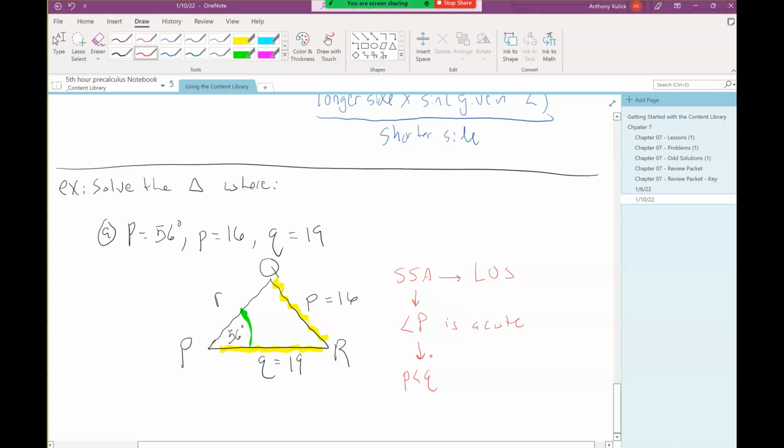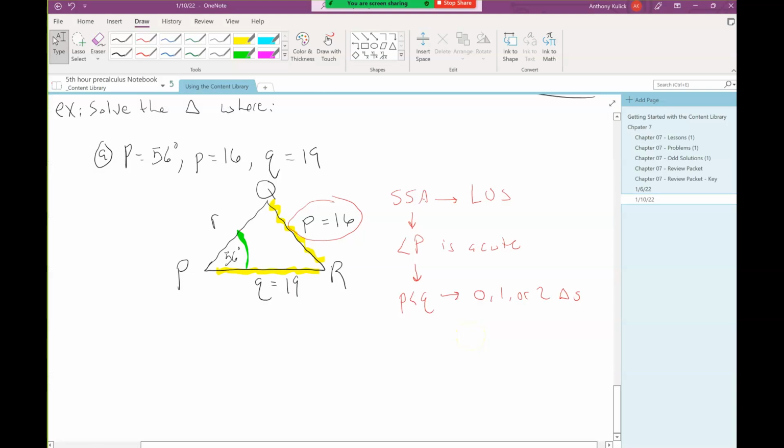So this is my bad situation where the side opposite my given angle is the smaller. So I'm stuck in this 0, 1, or 2 triangle situation. Everybody's following so far? So this is the hardest part right here, is figuring out what's going on. And after that, it's basically the same thing that we've done with the law of sines. This is the hard part.